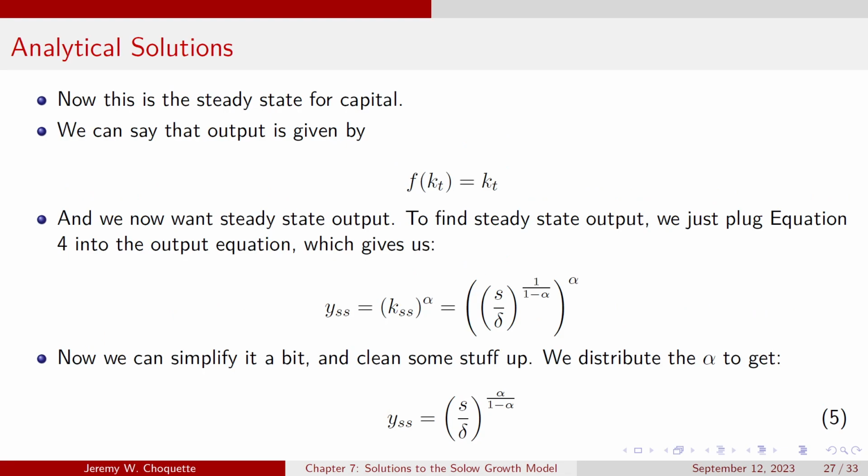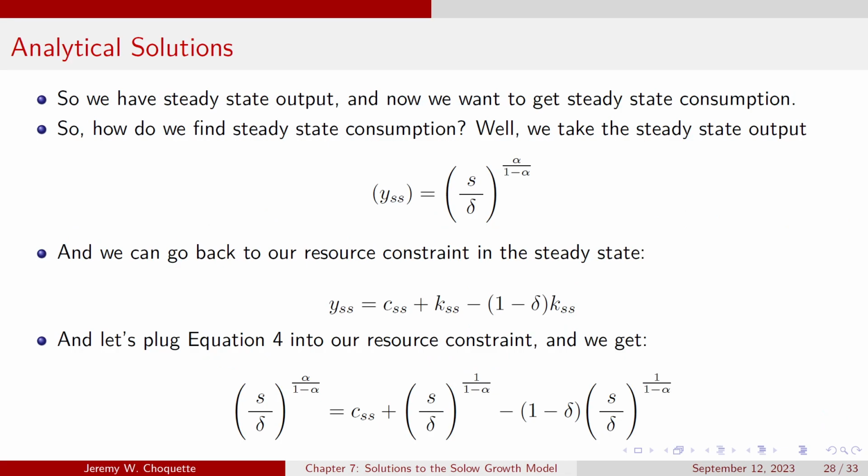So I just plug that in for k_ss, and I get Y_ss equals s over delta to the power of 1 over 1 minus alpha, all to the power of alpha. If I distribute that alpha, I get something really nice and clean. Y_ss equals s over delta to the power of alpha over 1 minus alpha. So I've got steady state output.